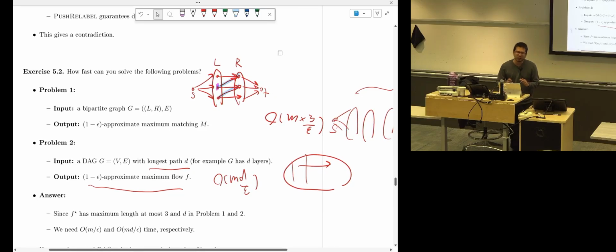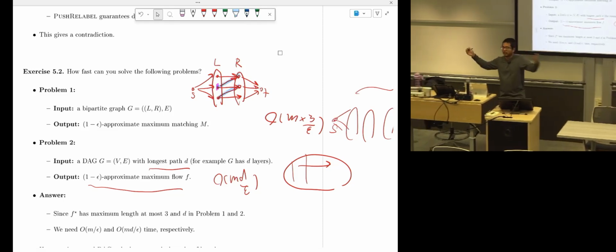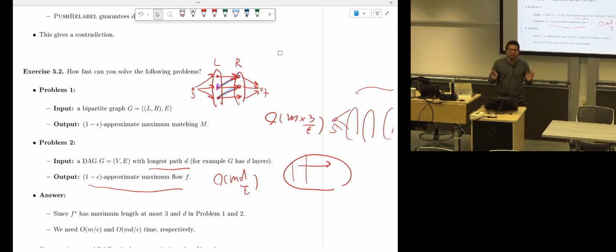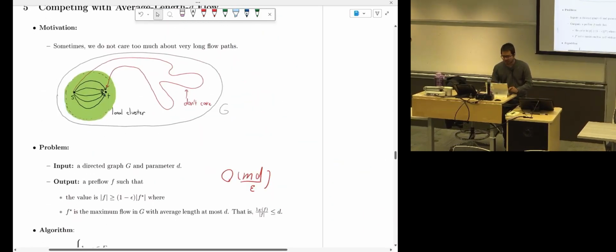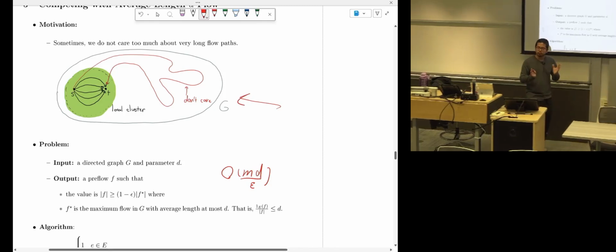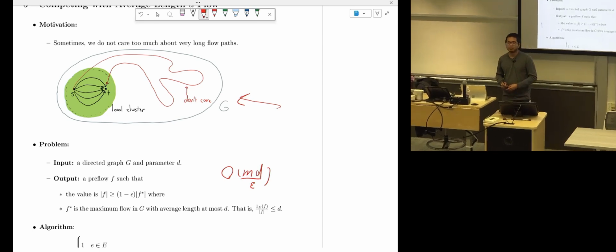But in general, even if your graph is huge, it may not have small depth. It still makes sense to try to compete with short flows, right? When you just want to compete with short flows, you can do it fast. And that sometimes explains why push-relabel is used and fast in practice.